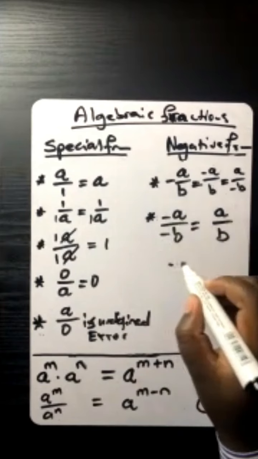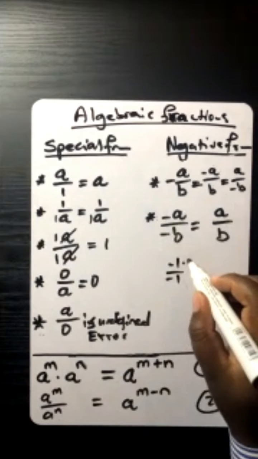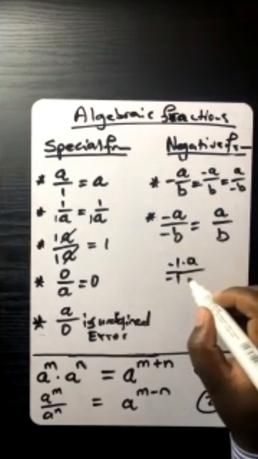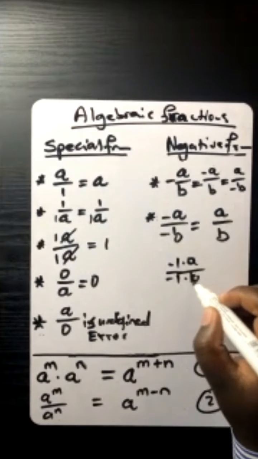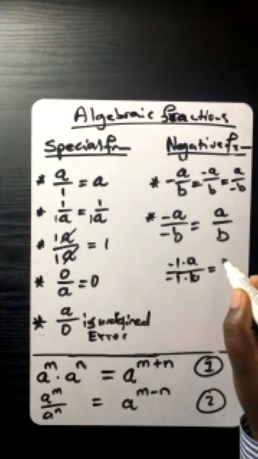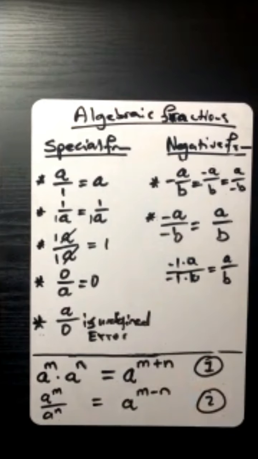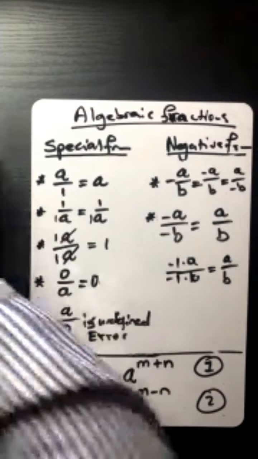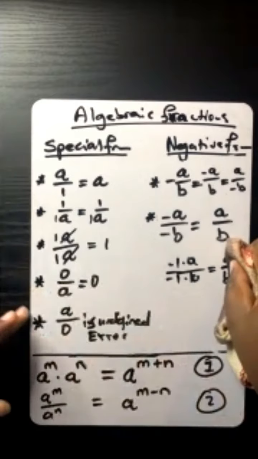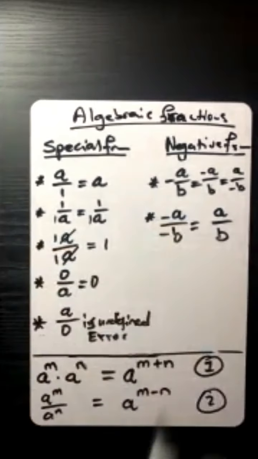Or otherwise, it's more like you say negative 1 divided by negative 1, multiplied by A over B. Negative 1 divided by negative 1 is the same as just 1. So guys, I hope that part makes sense, unless you need me to explain it differently.